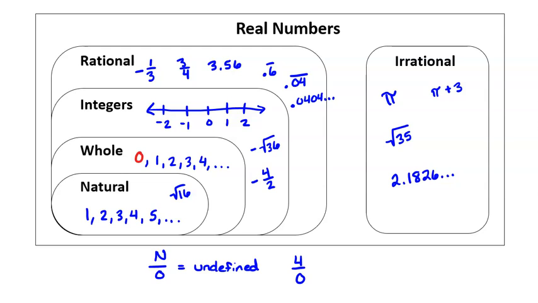And even with irrational numbers, I could have something like pi over 2. So not all fractions are going to be rational. They do have some rules, okay? And so anytime you see that pi, just remember that's going to be irrational.